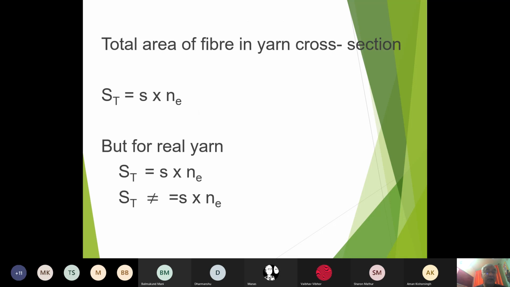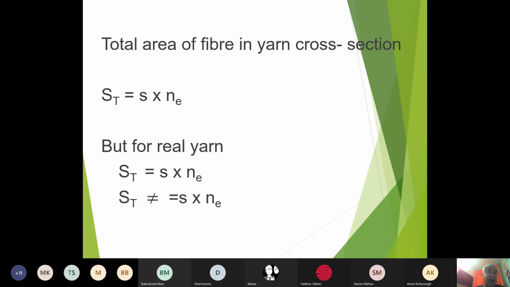So in that case, what will happen? The total area of the fiber in the yarn cross section, if S is the area of an individual fiber, once the yarn fibers are straight and parallel, and NE is the actual number of fibers in the yarn cross section, then we can say ST is equal to S into NE.